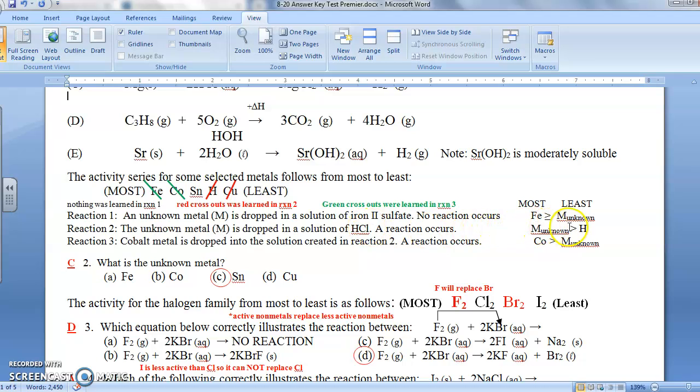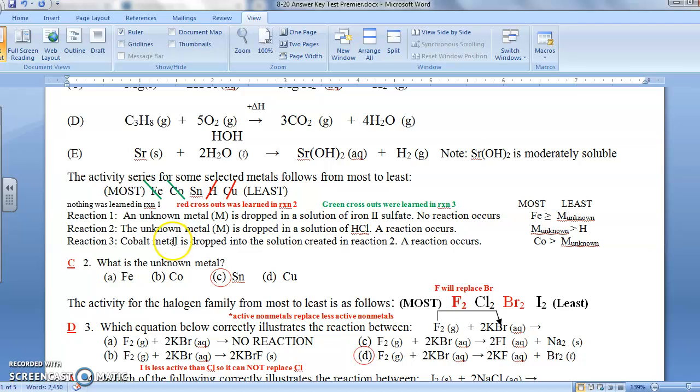Our unknown metal is more active than hydrogen. Hydrogen is more active than copper. So in this second reaction, we can immediately discount that it's copper. So from reaction 2, we've narrowed it down to tin, cobalt, or iron.